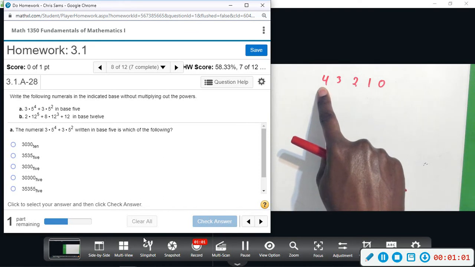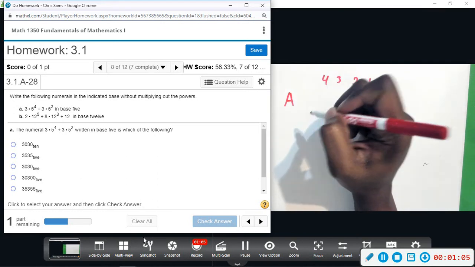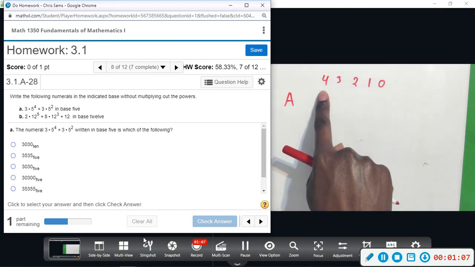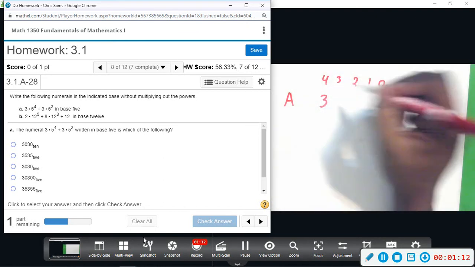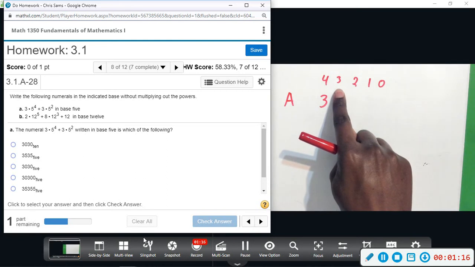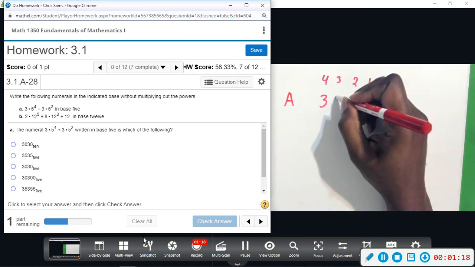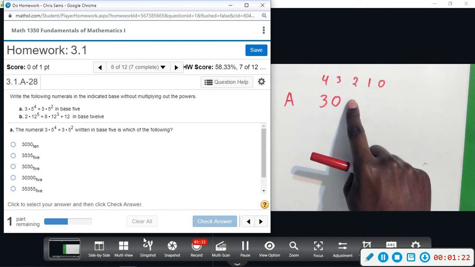This first one, 1A in base 5, since it has a 4th power, that's telling me 3 is in this position. We don't even have anything to the 3rd power, so I'm going to put a 0 in this position. And then we have times 3 to the 5 to the 2nd power.